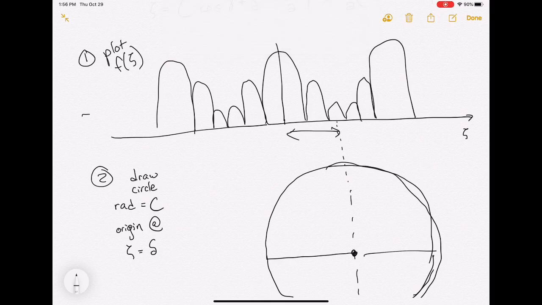Then, same as before, we project all of the zeros and maxima from the function onto the surface of the circle, preserving the heights of the various lobes.